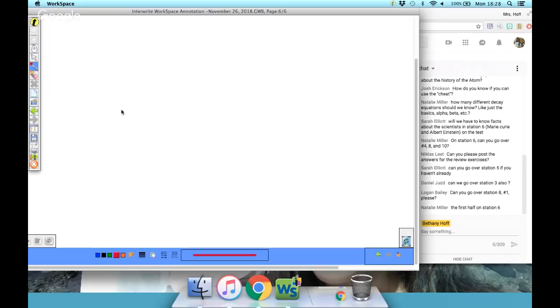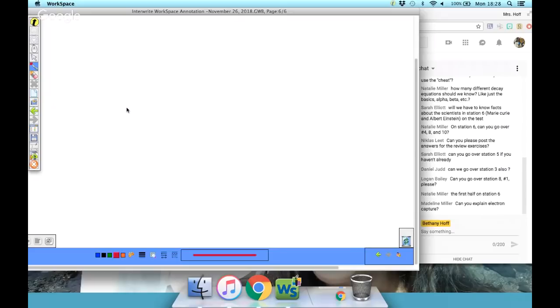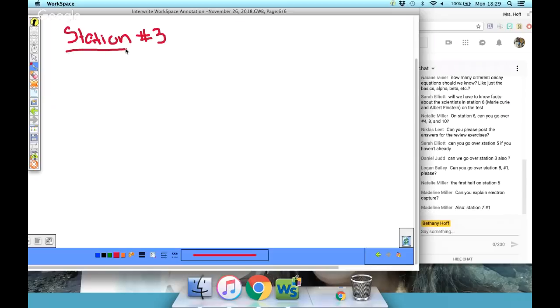So if we look at station number 3, we have a couple different isotopes of neon: neon 20, neon 21, and neon 22.